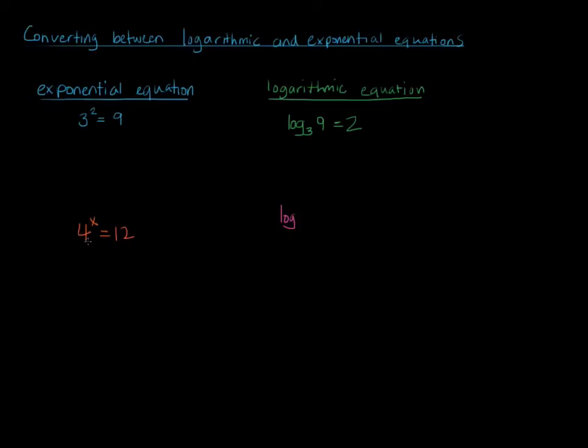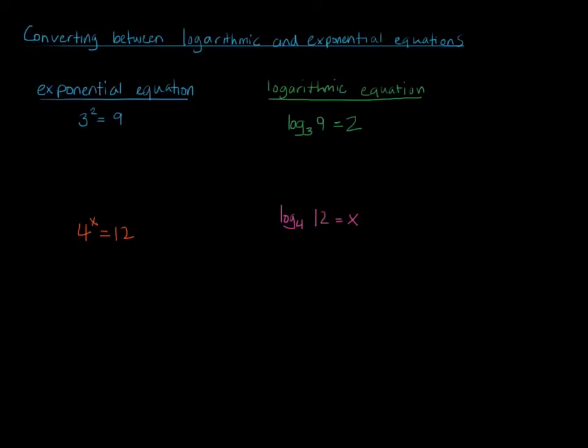So 4 is the base in this case, so log base 4 is equal to 12. The output of the exponential equation is equal to the input of the logarithm. So the 12 goes here, and then it's equal to the exponent. So log base 4 of 12 equals x.